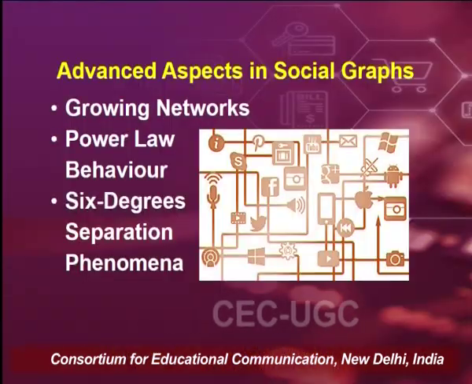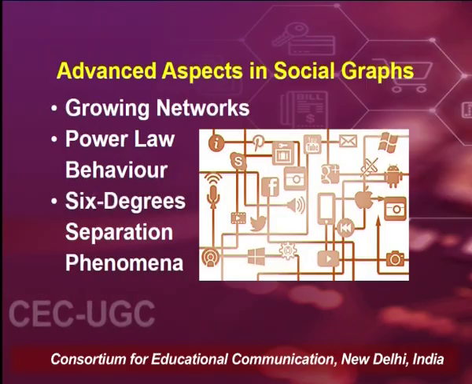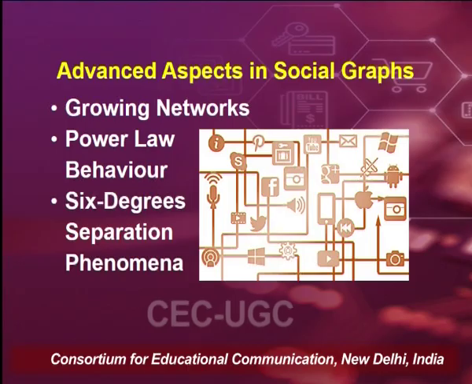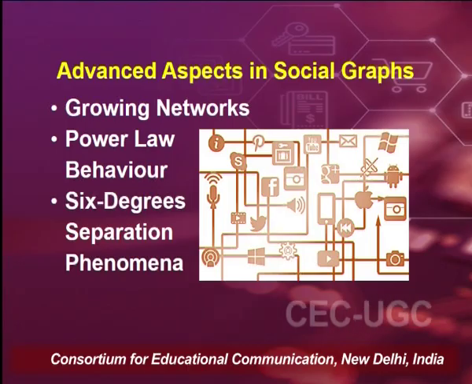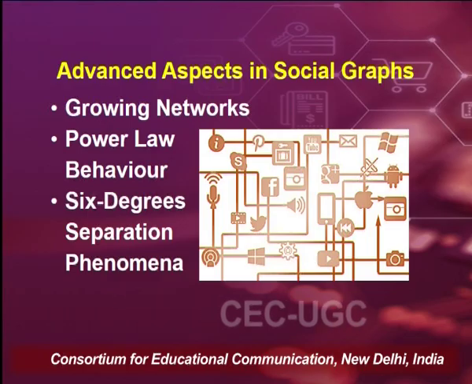Some of these advanced aspects could be the growing nature of the graph itself that we were just talking about, and also power law behavior, and a phenomenon prevalent in social networks, the six degrees of separation. So let's go one by one.